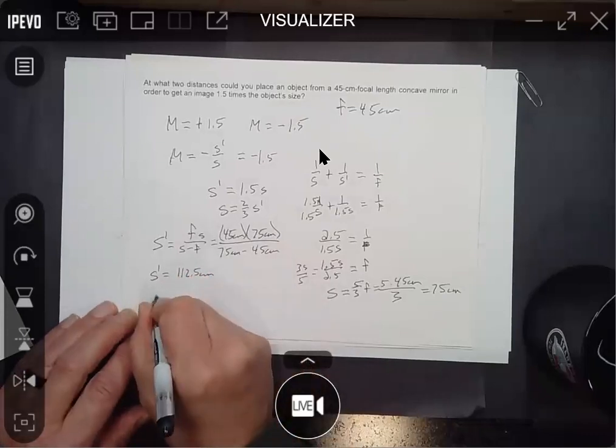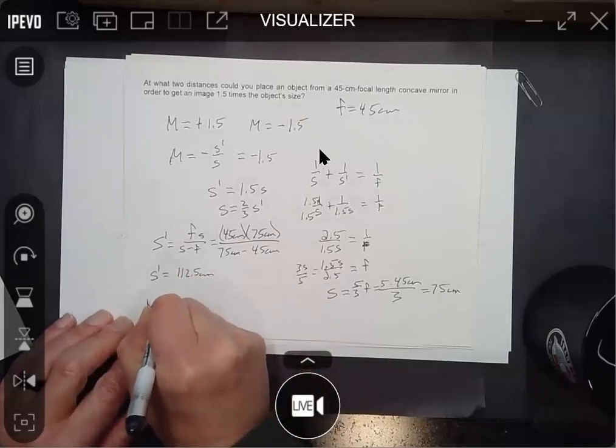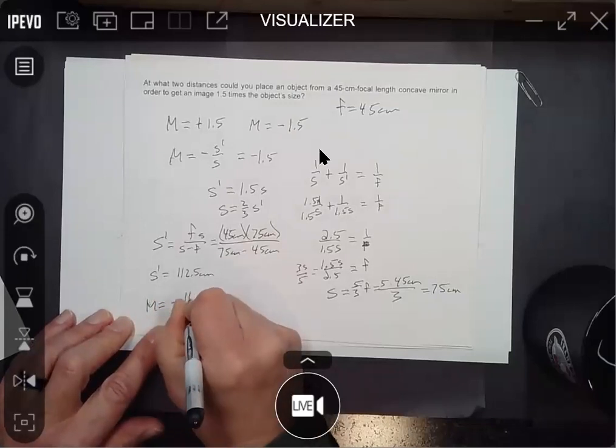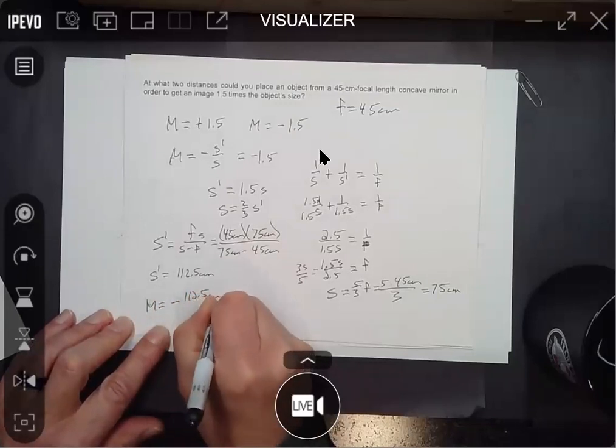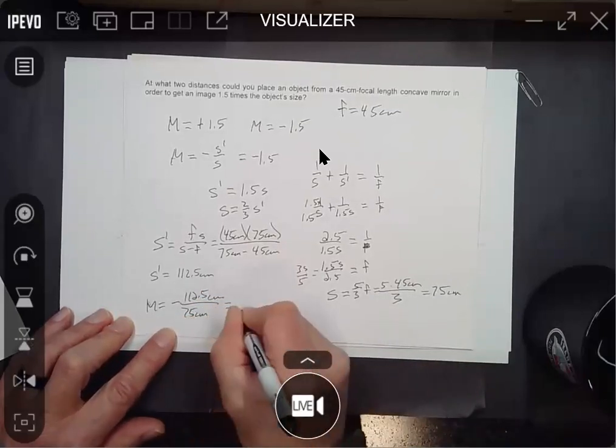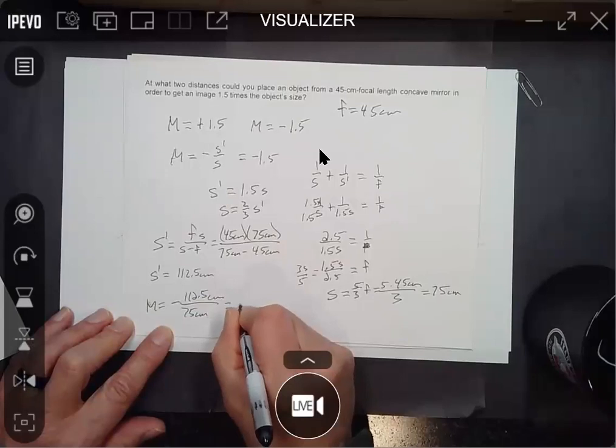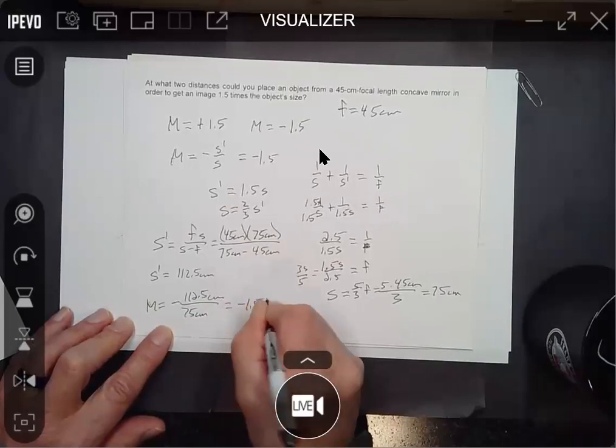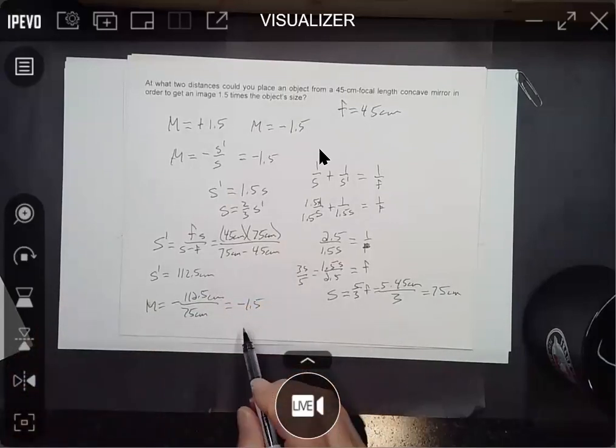If I do that, the magnification in this case is minus 112.5 centimeters over 75 centimeters, which is actually minus 1.5. So that's where I get that negative one.